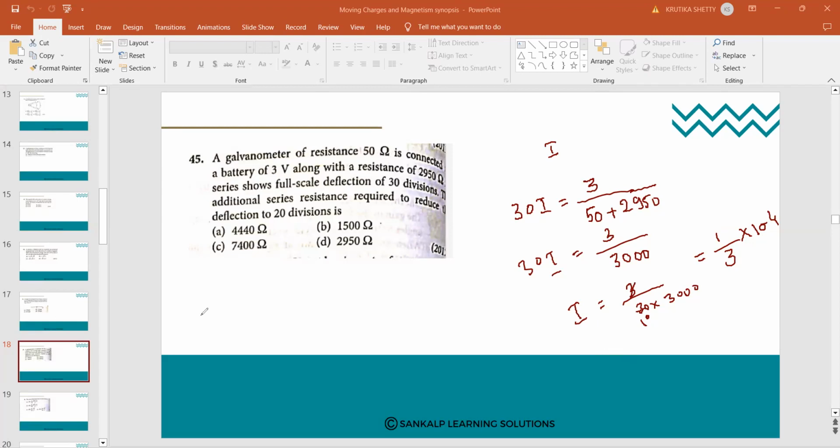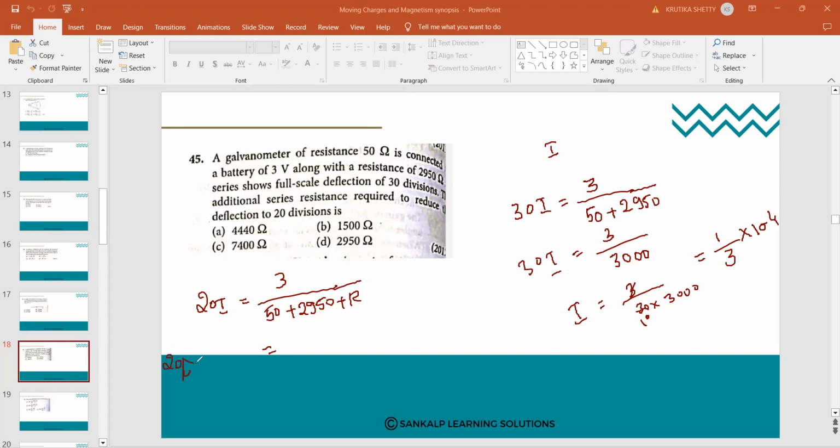So now what you need to do, you are connecting some additional resistance so that the deflection is becoming 20. Now this is 20 into I is equal to 3 divided by 50 plus 2950 plus the additional resistance R. So this is 20 into, you have the I value, substitute it.